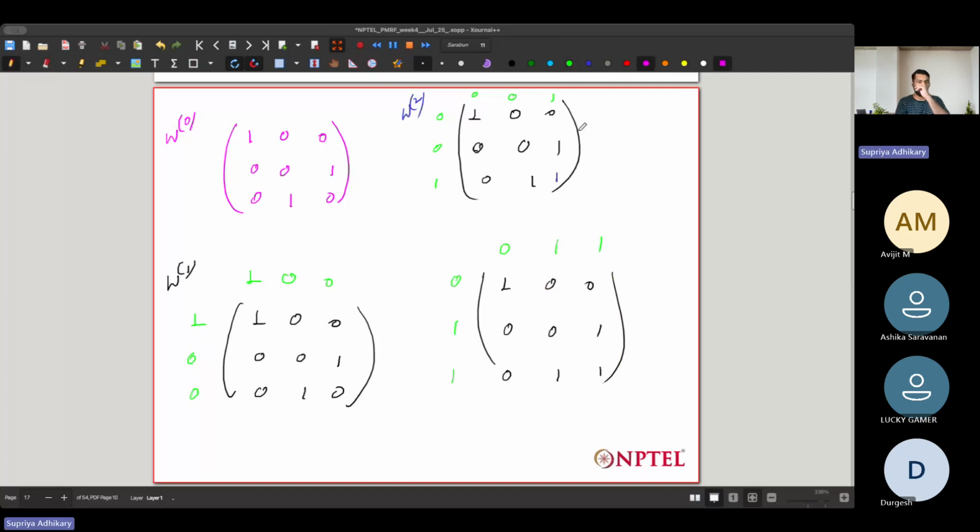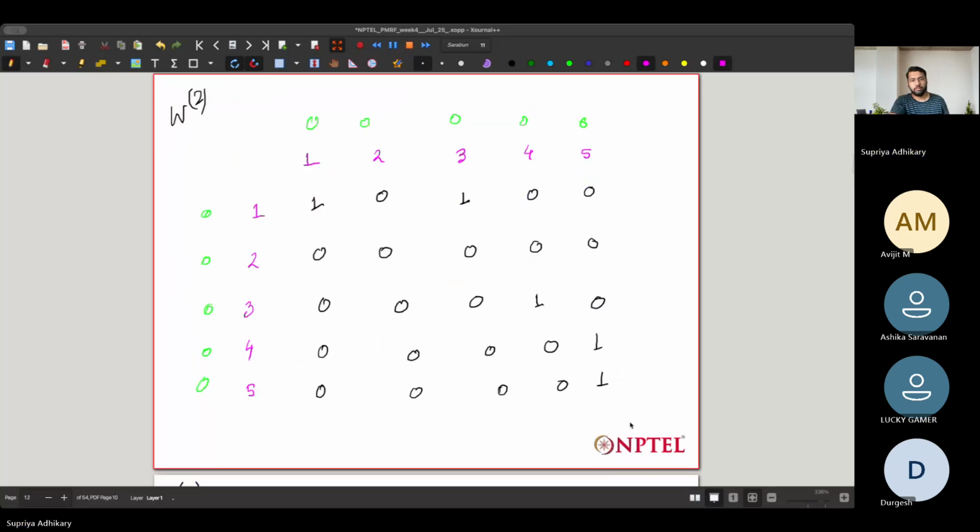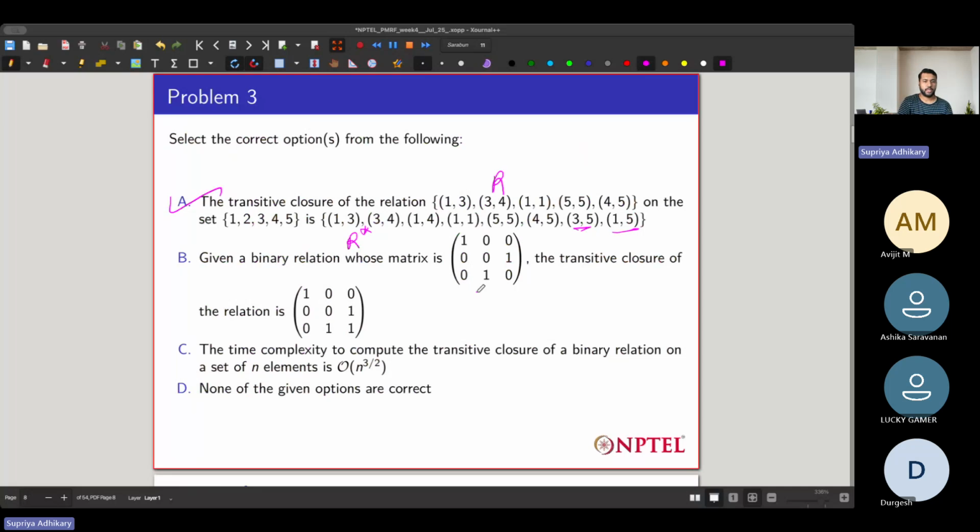Corresponding to that, if we update this matrix, we will see that the 2 2 cell should also become 1. So this is our W3, the matrix corresponding to the closure of the relation. In the question, it is given that this is the transitive closure of the relation, but there should actually be a 1 over here. Then we can call it a transitive closure. So this is not a transitive closure.